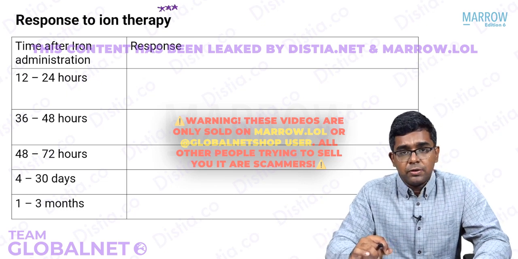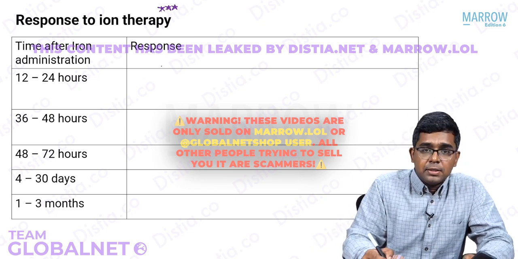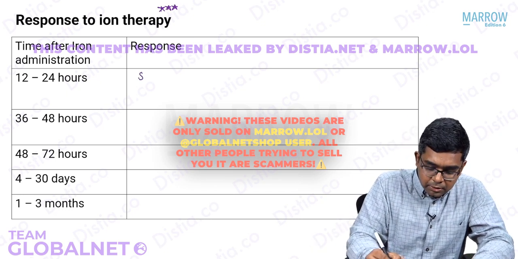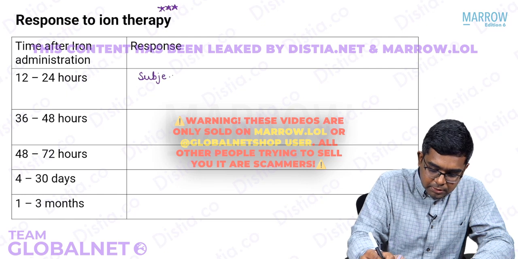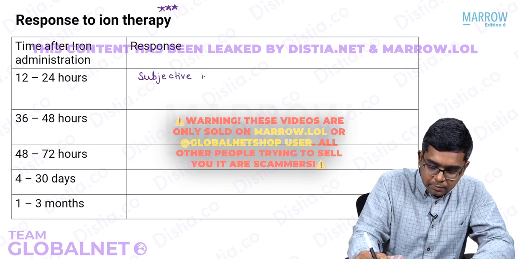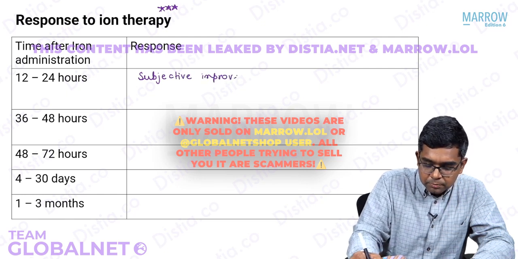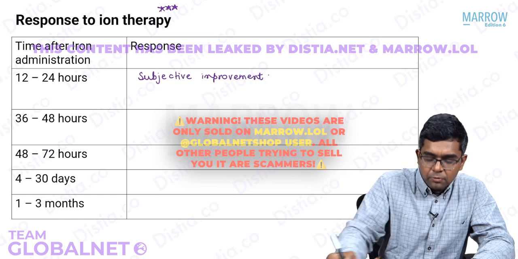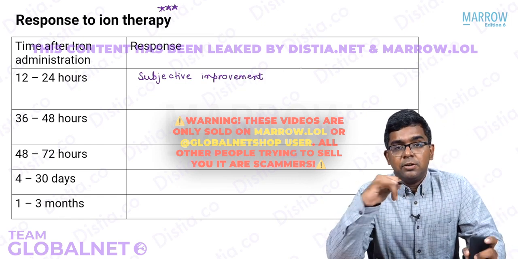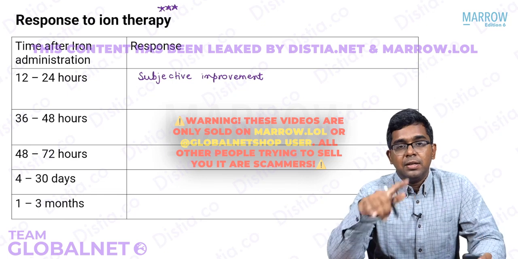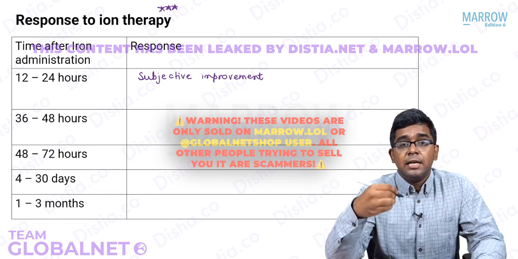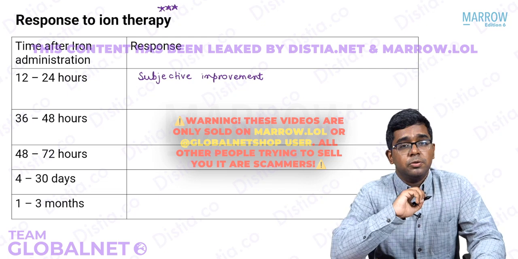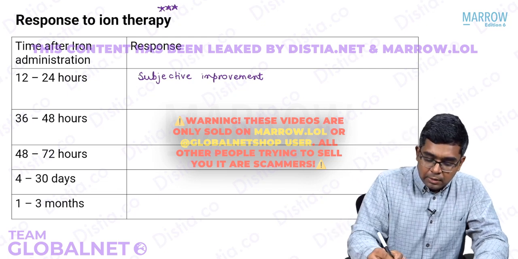Response to iron treatment. Okay, it is given as a timeline, as I said. In the first 12 to 24 hours, what is expected is subjective improvement. Very important. It is subjective improvement. The subjective improvement would be in the form of decrease in irritability of the child. Child feels better. Okay. Next, appetite of the child improves. These are the subjective improvements that we need to look for.